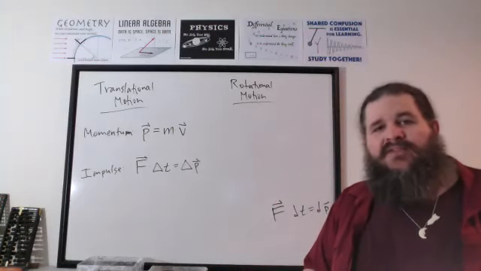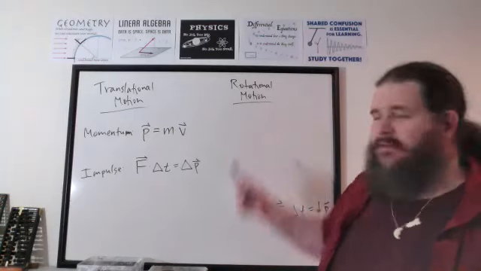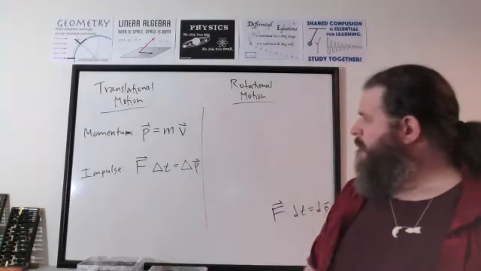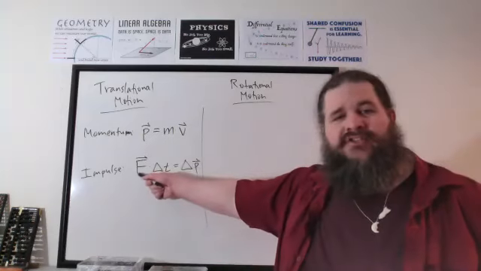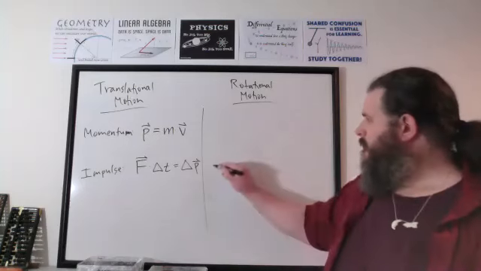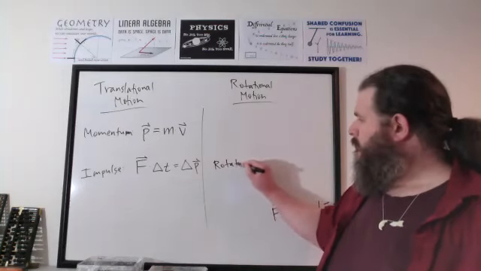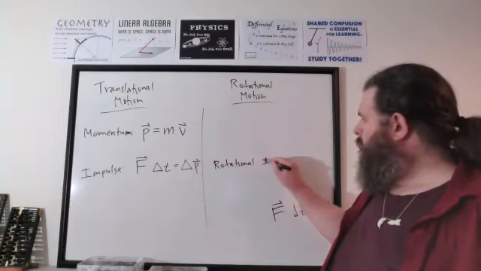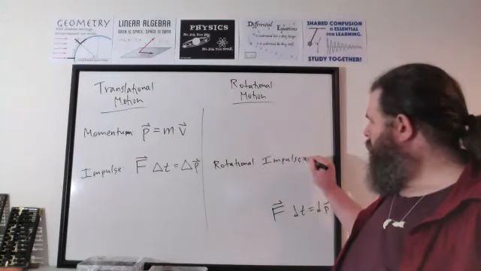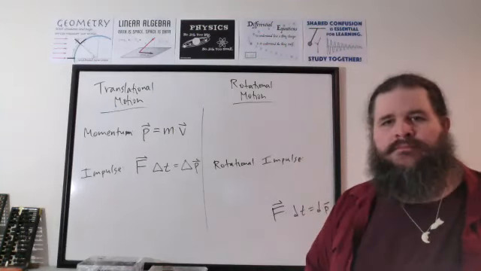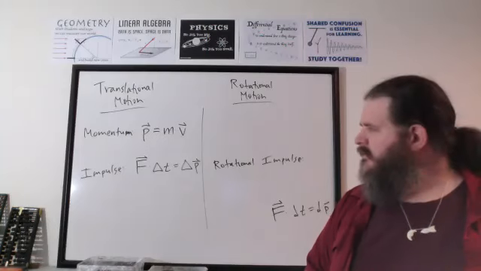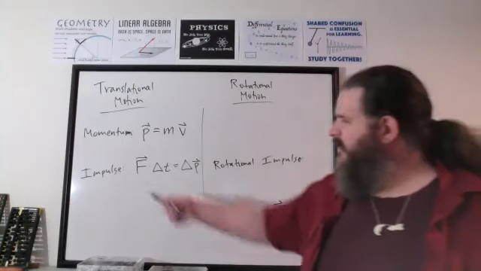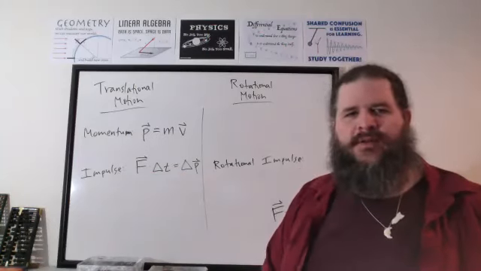We can do something very similar with the idea of rotational motion. What's the rotational version of torque? Did I say torque? I meant the rotational equivalent of force, which is, of course, torque.